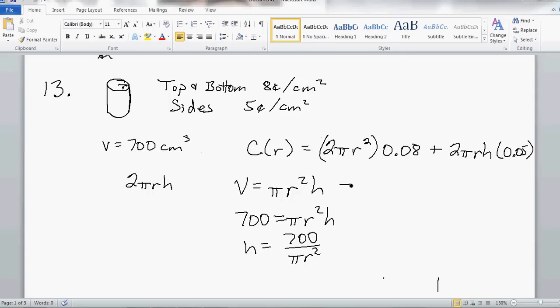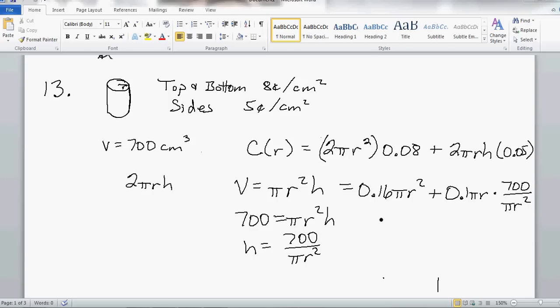Just doing some quick multiplication, I get 0.16 pi r squared plus 0.1 pi r times h, but I know h is 700 over pi r squared.